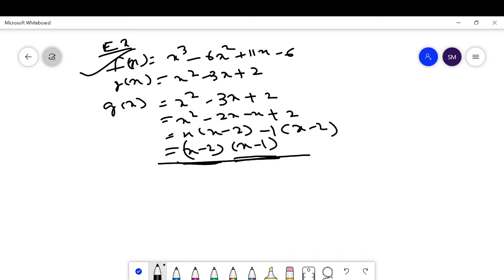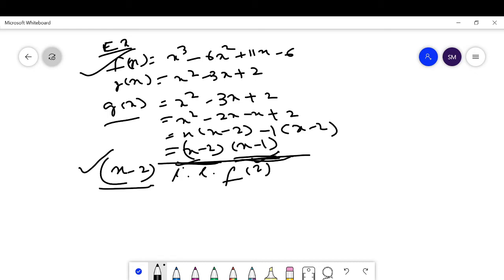Let x minus 2 be a factor of f(x). When x minus 2 is a factor of f(x), this shows that f of 2 is equal to 0. Let us find out the value of f of 2.